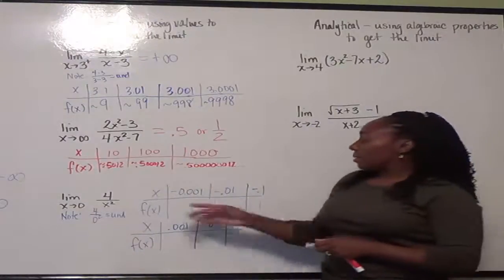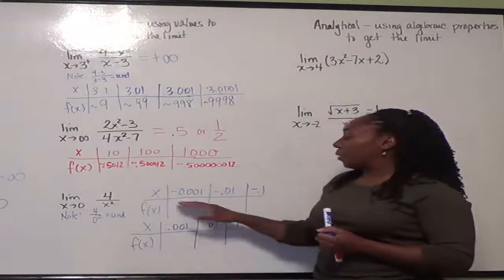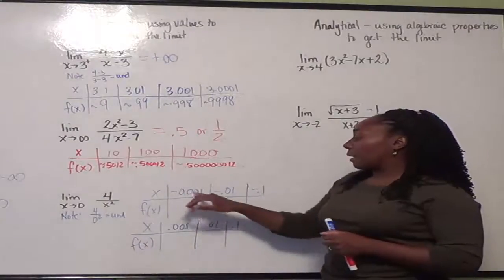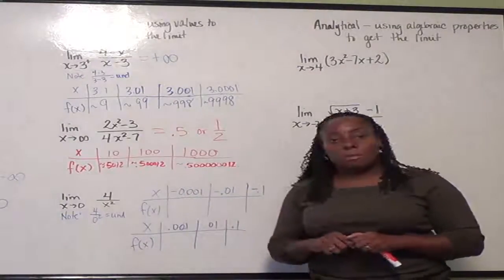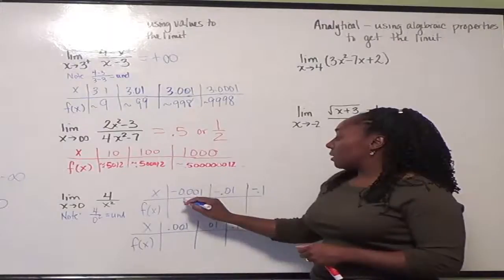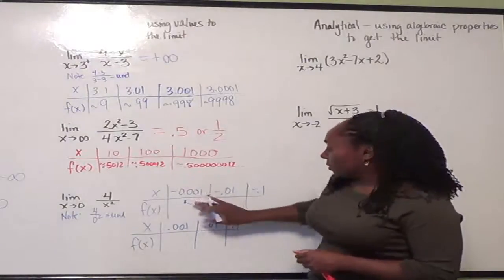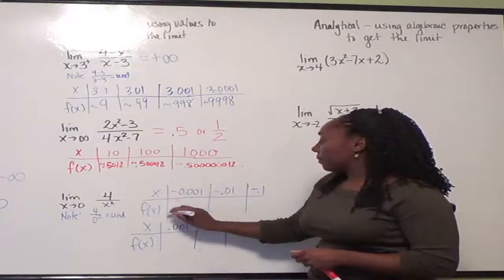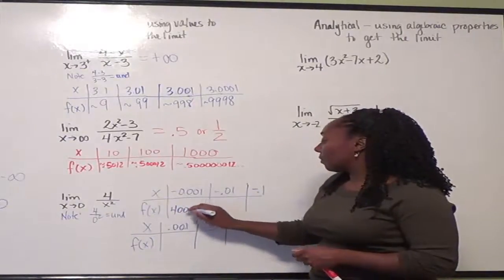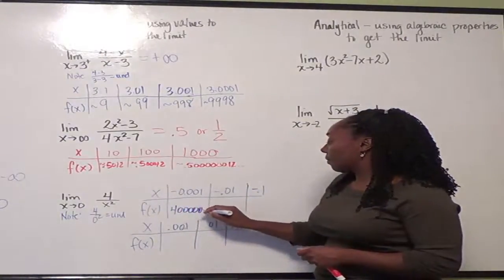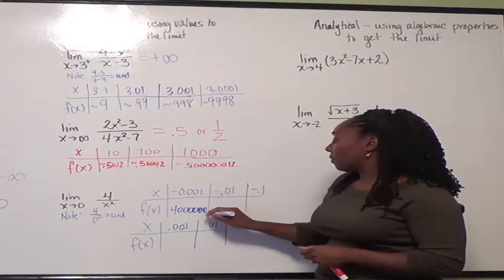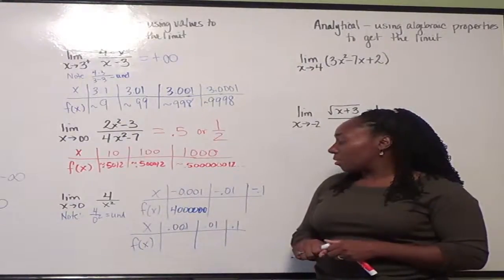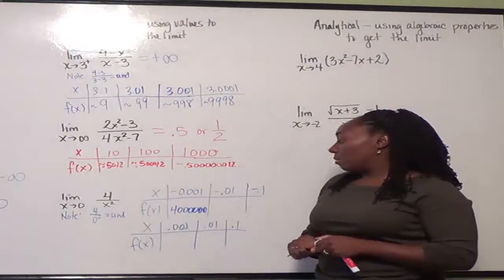Okay. So, plugging in. So if I'm looking at, say, a negative 1,000th, I'm going to see that I get about 4 million.